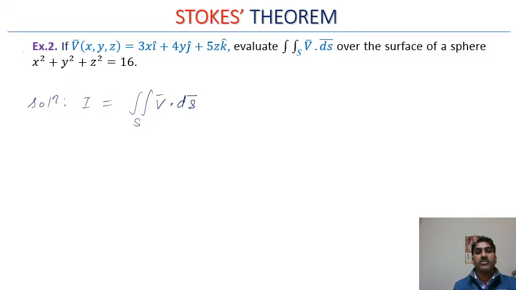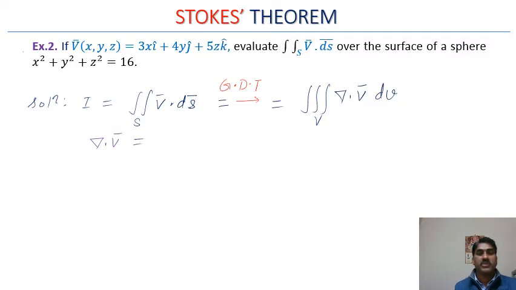So Gauss theorem, Gauss Divergence Theorem, enables us to write the given integral as volume integral del dot v dv, and dv is dx dy dz, you already know, but first we need to find del dot v. So del dot v is the divergence, and this can be found easily. So this is 3 plus 4 plus 5, and that is equal to 12.